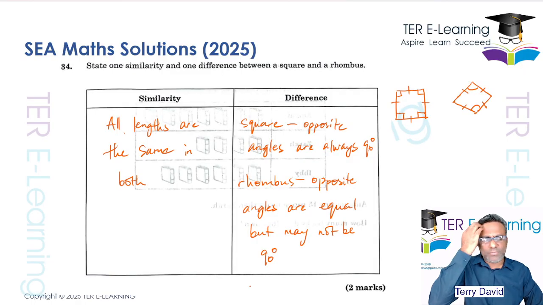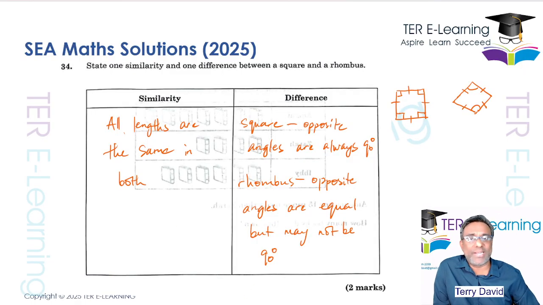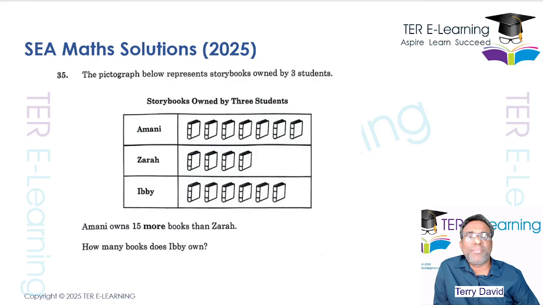So there's just one difference here that we can put and one similarity. So that's 34. Question 35.